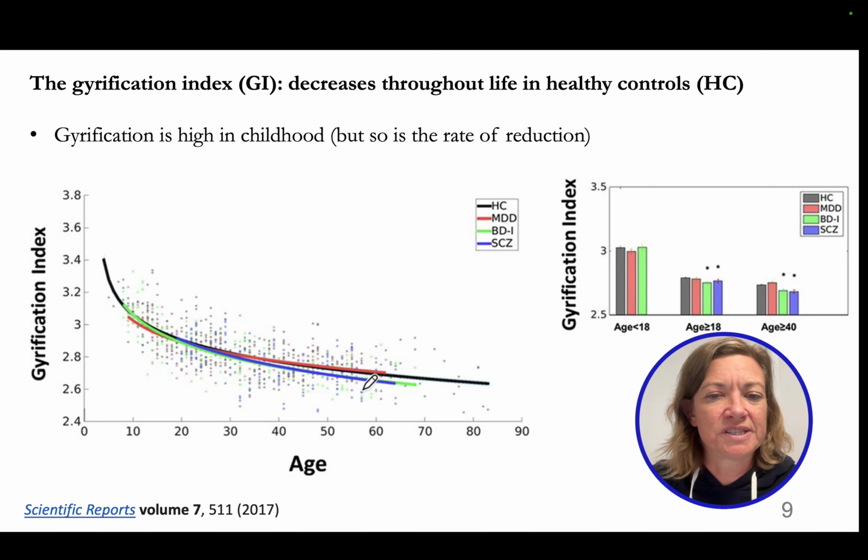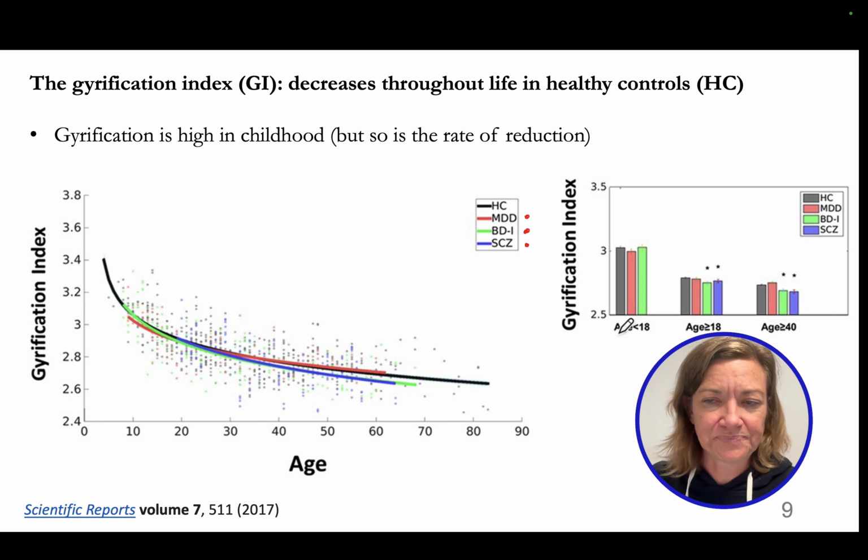Now, this has been used to study differences across brain in all kinds of populations. Here's a study cited. In this study, they're looking at psychiatric illnesses. So major depressive disorder, bipolar disorder 1, and schizophrenia. And you can see just from looking at the overlay with healthy controls that bipolar disorder 1 and schizophrenia are associated with a reduced gyrification index.